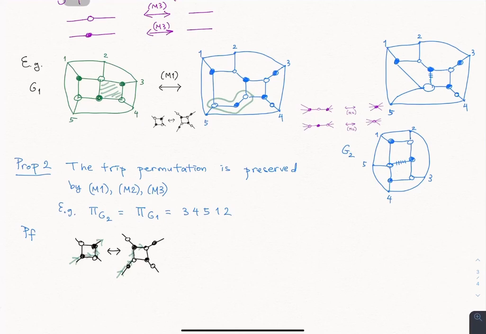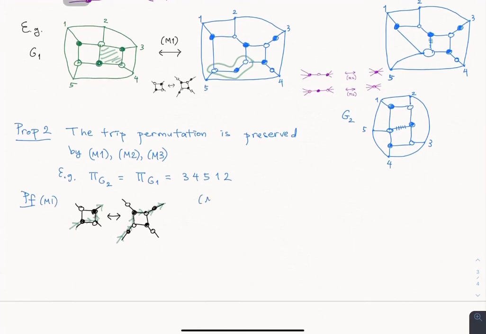I see a white vertex, I turn left, and I see a black vertex, so I turn right. So locally, you would get the same effect. So this is the proof for M1. You should finish the proof and then check for M2 and M3.